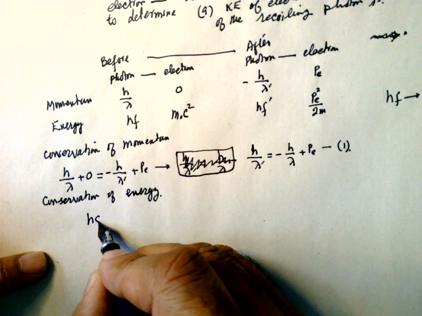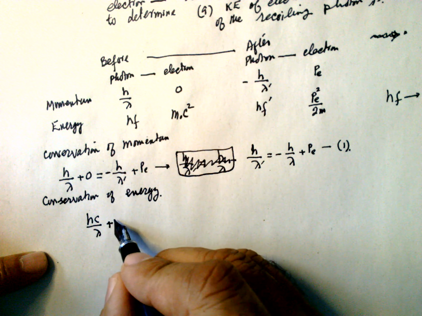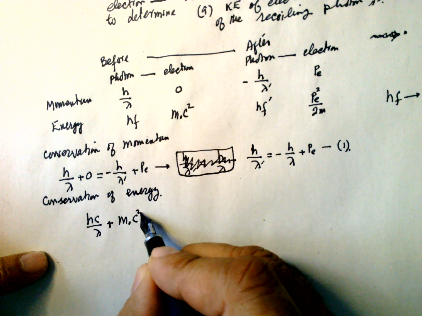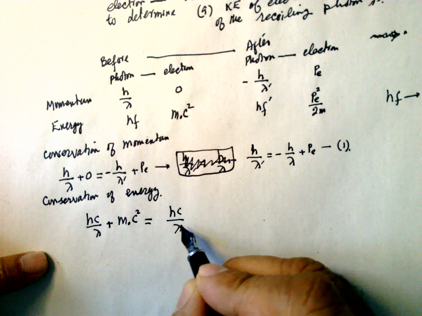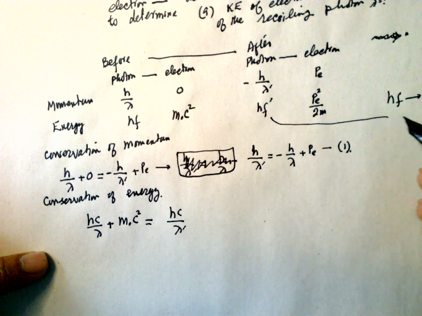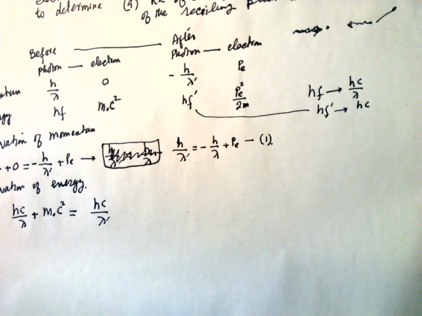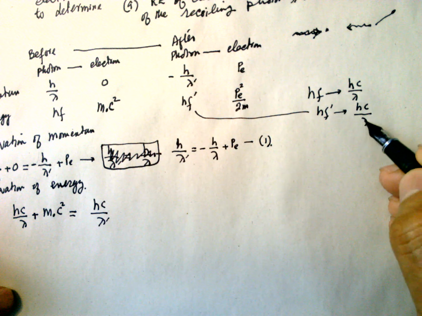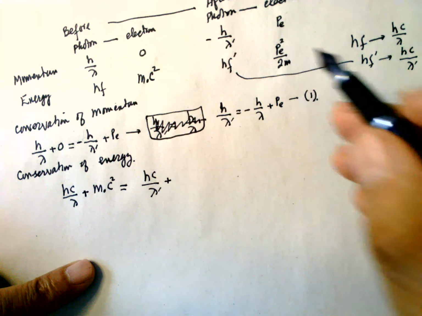So HC over lambda plus m naught c square is equal to HC over lambda dash, that is hf dash, plus this one.